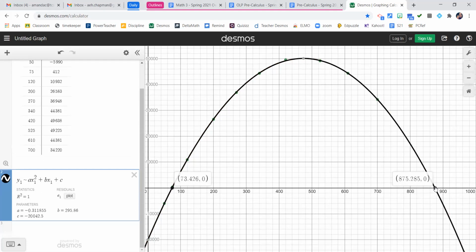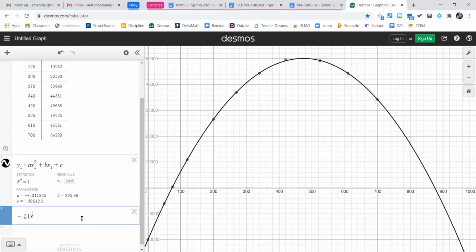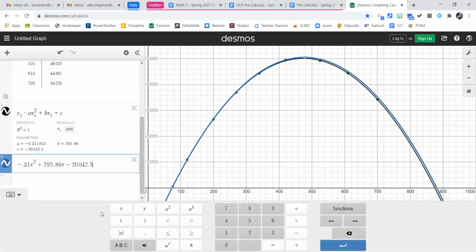So it says, use the function to determine the number of pounds of cookies that Tammy must sell in order for the profits to exceed $30,000 a year. So what we're writing on our paper, and I'm just going to type it right here so you can see it, is we want to know where this equation, negative 0.31x squared plus 295.86x minus 20,042.5 is greater than or equal to, does it say or equal to?